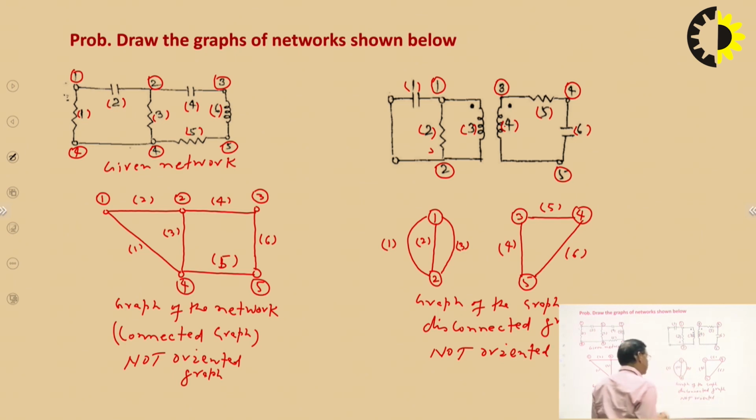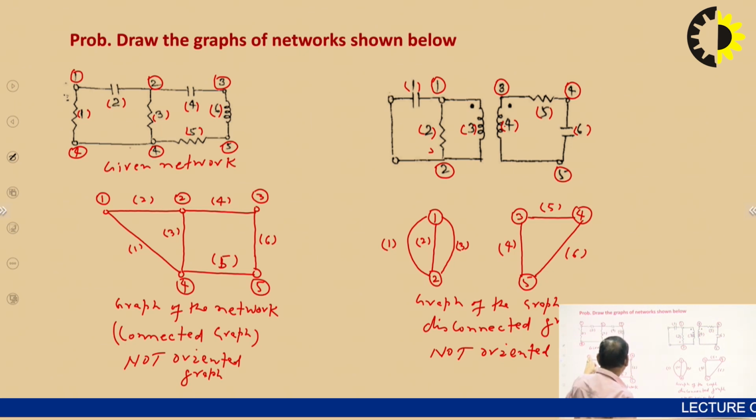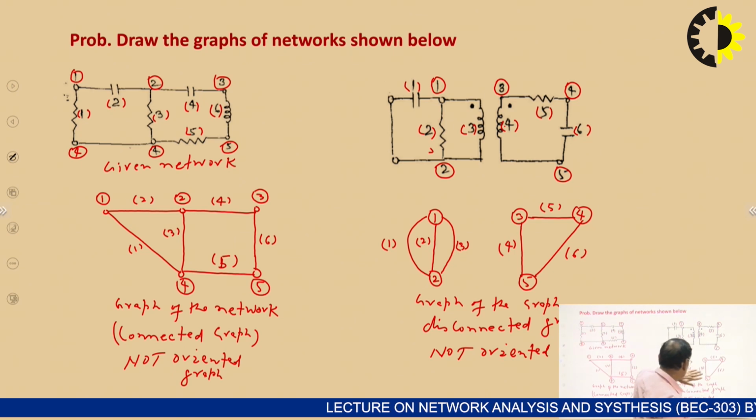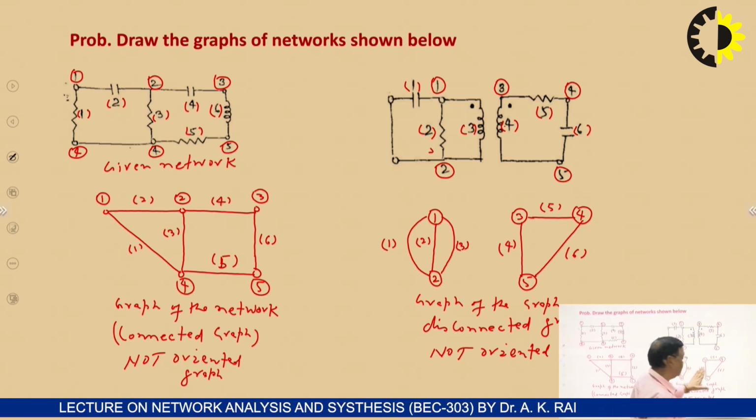So we can understand what is a disconnected graph, what is a connected graph. If there exists one path between every node to other nodes, then the graph is said to be connected. Otherwise disconnected. We cannot go from 1 to 3, or 2 to 3, or 2 to 5, because there is no path.